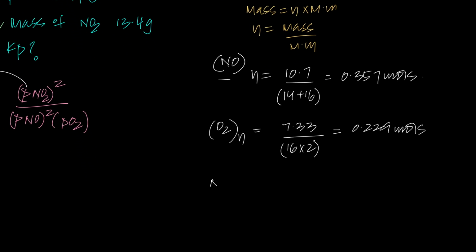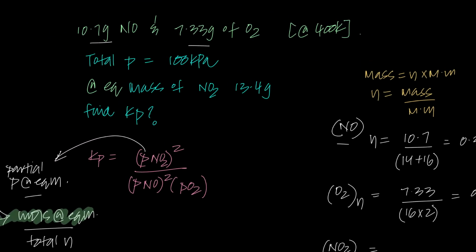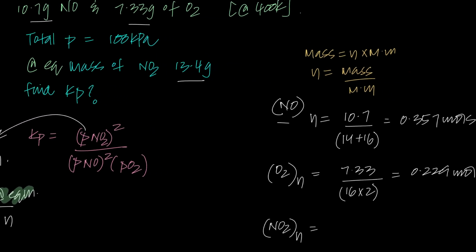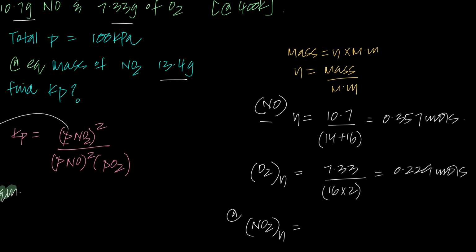Now, moles of NO2. How do you calculate this? You're given the mass of NO2 at equilibrium, right here. And this is at equilibrium, by the way. This is not initial. These two are initial, and the other data is at equilibrium.